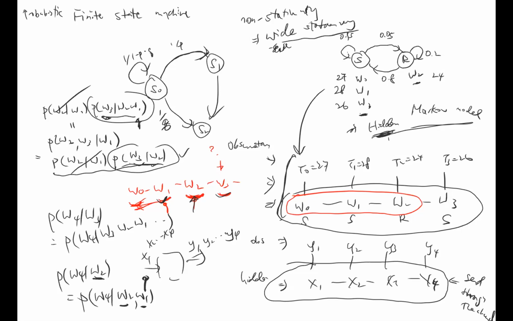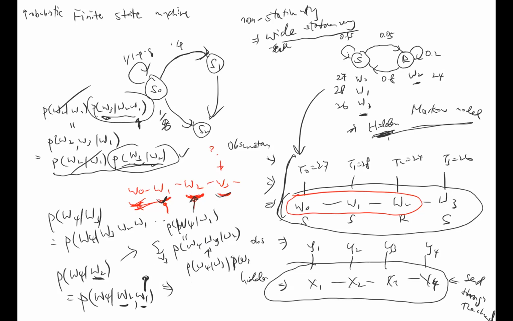I won't ask you to show that. It's very simple. If you don't feel comfortable with it, you can, for example, write out P of W4 given W2 as a sum over W3 of P of W4, W3 given W2. Then this becomes P of W4 given W3 times P of W3 given W2, and so on.